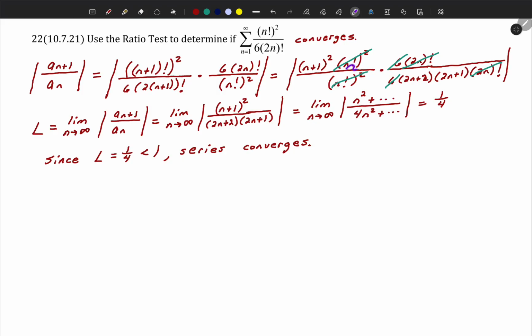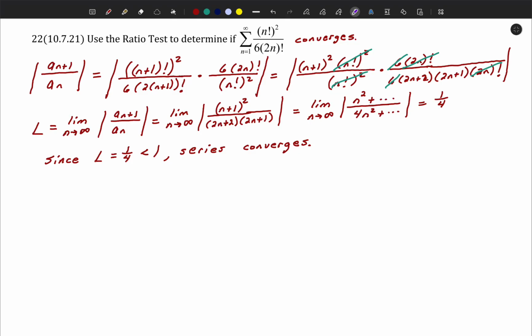Well, those are going to be squared as well. But those can cancel with that n factorial in the denominator, leaving me only that very last term times itself because of the squared as the term remaining in the numerator. So I have a numerator of n plus 1 quantity squared for that part.